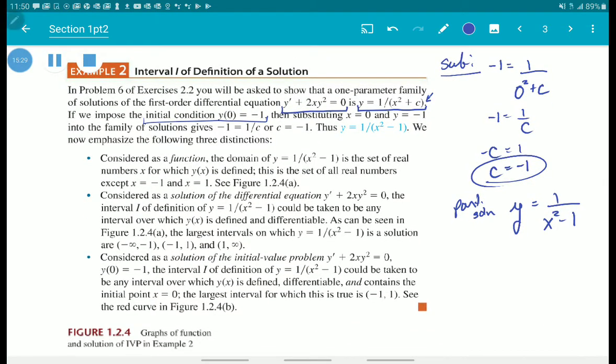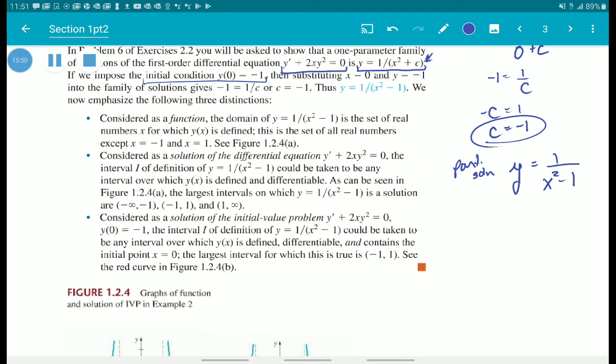So notice this family of curves is going to look much different than the family of curves we talked about before for the last equation. We had exponential in the last example. Now we have a rational function for this example.